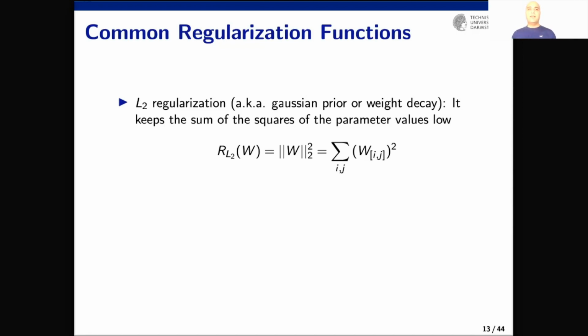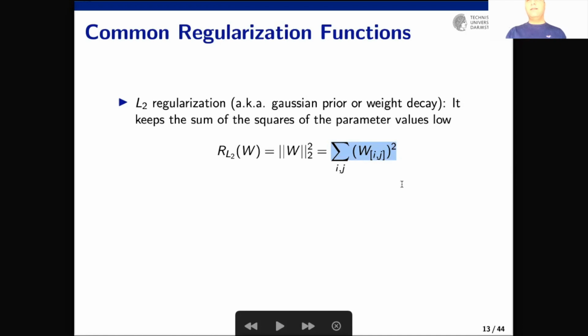The first regularization technique is L2. It keeps the sum of the squares of the parameter values low. So let's say our parameters are the matrix W. We compute the square of all elements of the matrix or vector, and then we compute the sum of the squares.